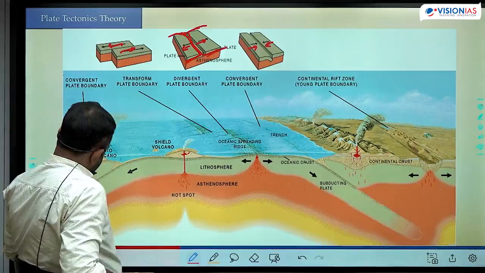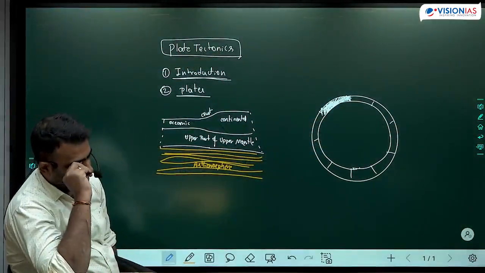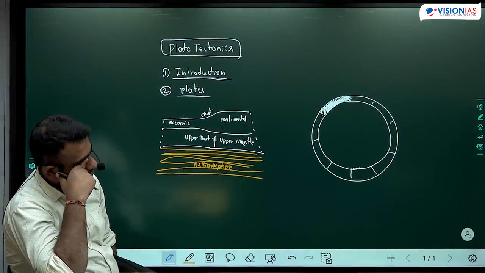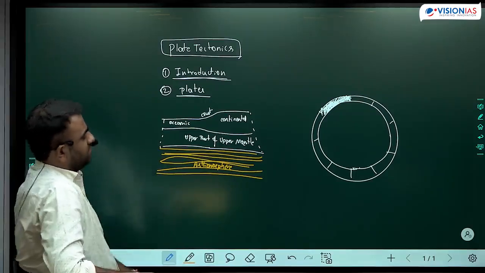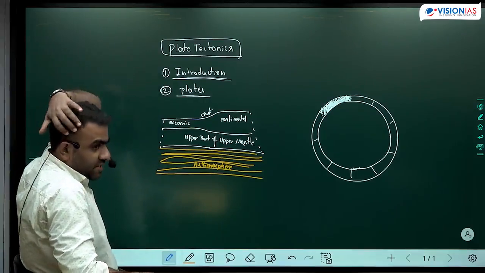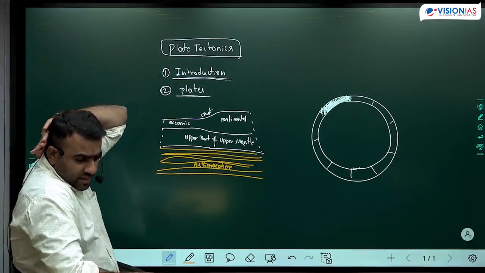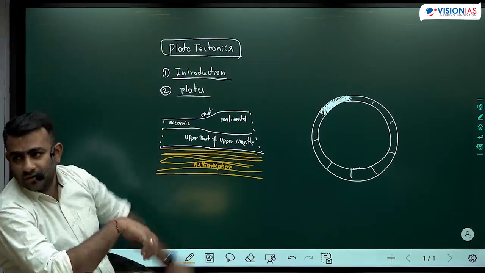So basically the entire region of lithosphere, which is made up of different plates, is in continuous motion with respect to the asthenosphere. And this motion causes deformation along the different parts, creating different types of landforms. It results in the creation of new landforms, is that right? Therefore the word tectonics.